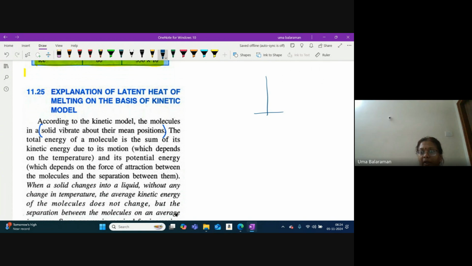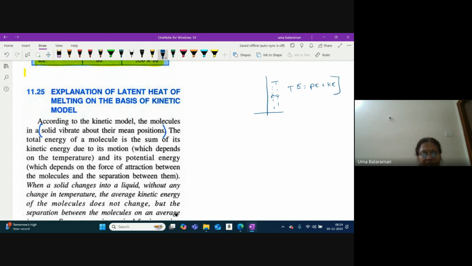If you toss a coin or stone, it goes up, reaches a height, and then falls down. So the total energy is equal to potential energy plus kinetic energy. This is the kinetic model.